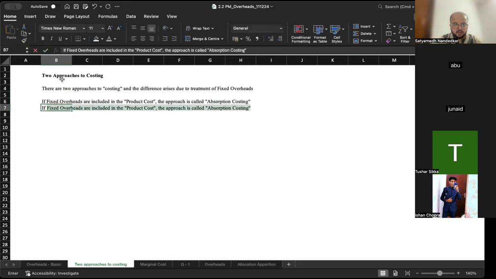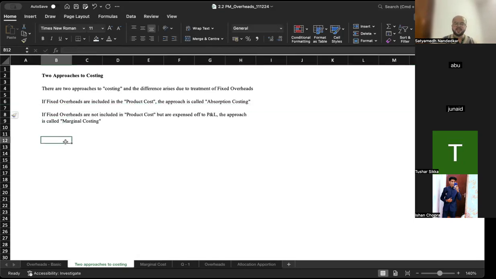And if fixed overheads are not included in product cost but are expensed off to P&L, the approach is called marginal costing. So marginal costing basically is considering only the variable cost as cost of making the product.